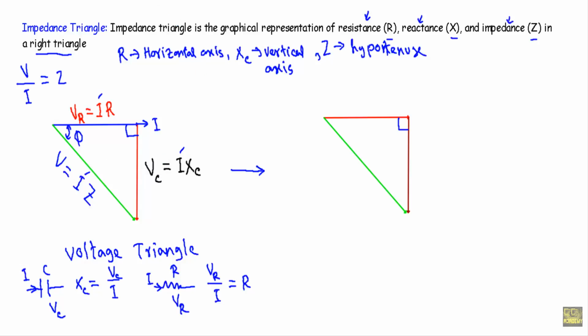Now see, if I divide each side of the voltage triangle with current I, I will get the impedance triangle.